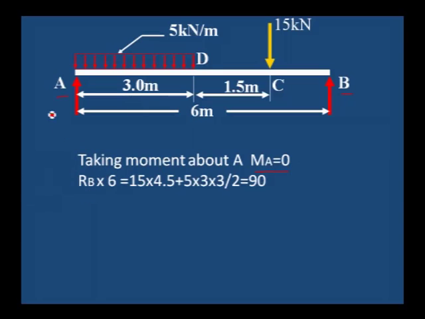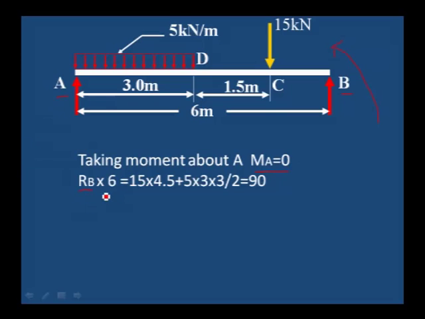Now moment about A: RB into 6. Reaction at B is RB, which is acting vertically upward, and this moment will be in anti-clockwise direction. We are making the anti-clockwise moment equal to the clockwise moment, or sum of the moments about A is equal to 0.